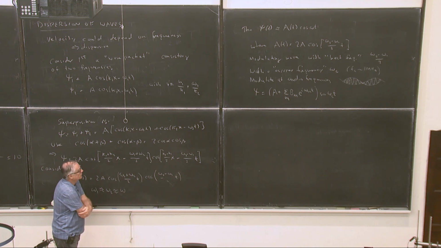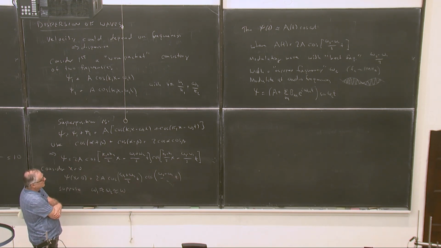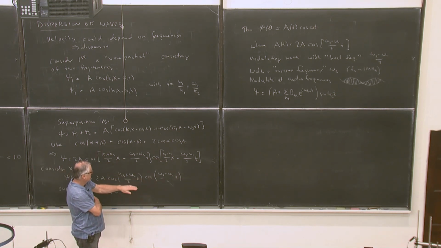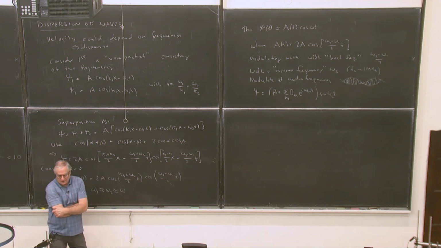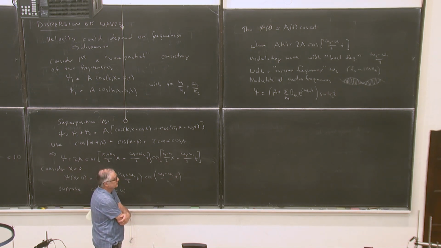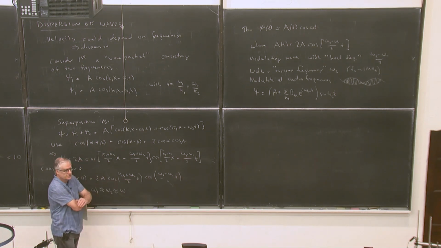So that suggests that in order to make this work, we're getting sums and differences of frequencies here. If we're modulating our carrier wave, we're actually giving it other frequencies, because in the superposition, when we add and subtract these, we get other frequencies.